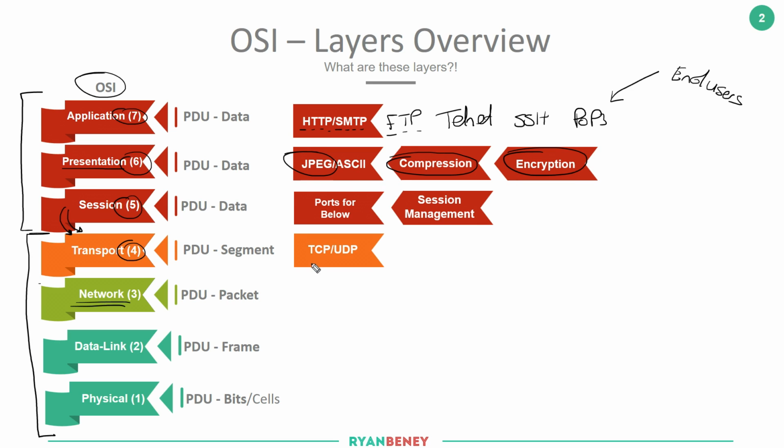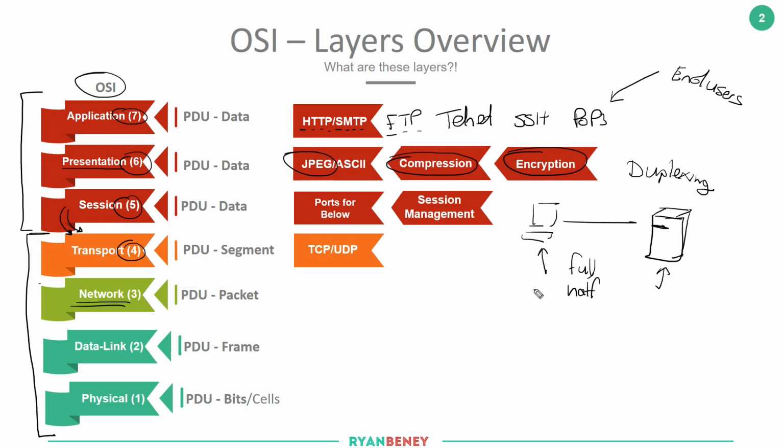It may actually rely on the transport layer to do so. And we also discussed that the session layer is where the duplexing takes place. So if we had a PC that connected to a remote server, there would be a negotiation to determine whether this particular server and this particular host can communicate in full or half duplex.